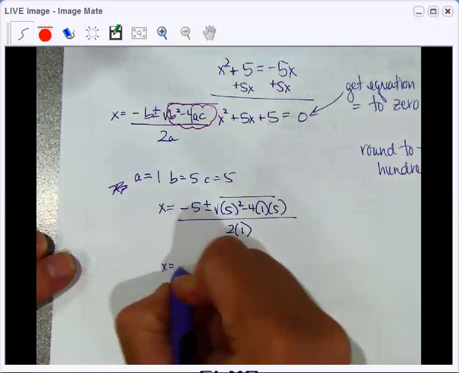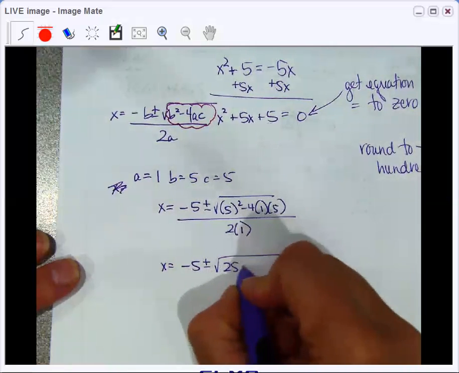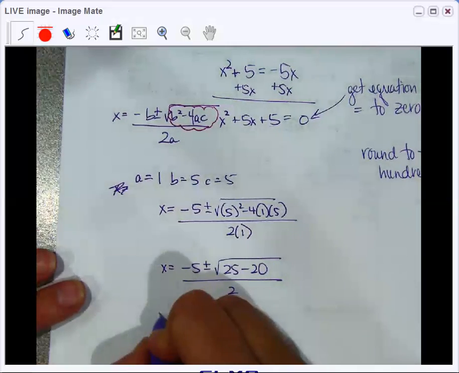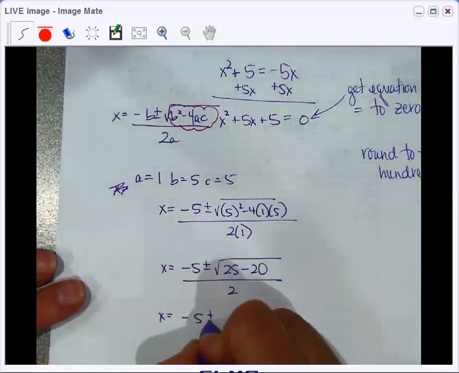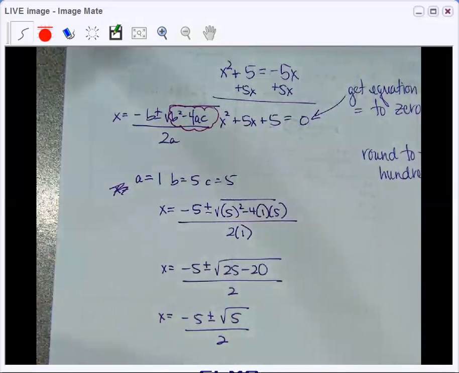Simplifying now, -5 plus or minus the square root of 25 minus 20, all over 2. x equals -5 plus or minus the square root of 5, divided by 2.